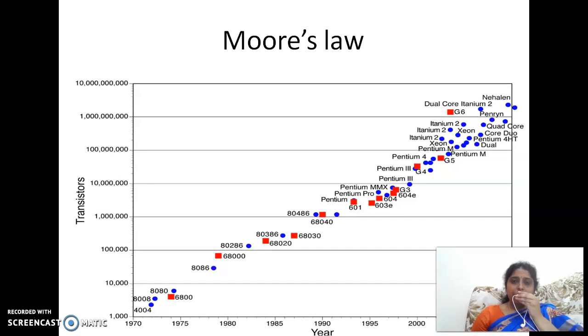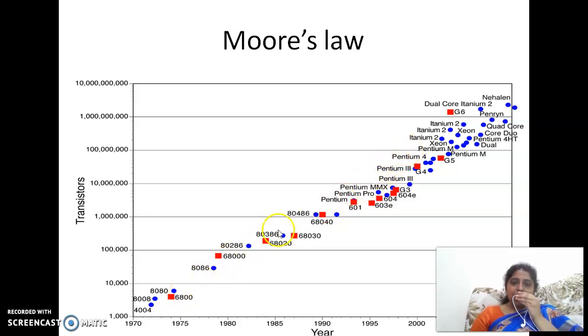And coming to this graph, from 1970 onwards, if we observe this graph, the 4004 is a 4-bit calculator. 8008, 8080, these are microprocessors. 8086 microprocessor, 286, 386, 486, Pentium.